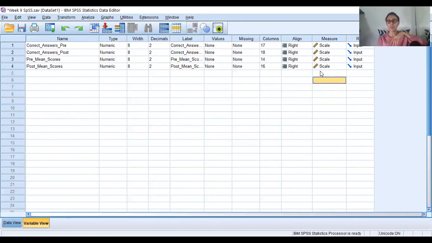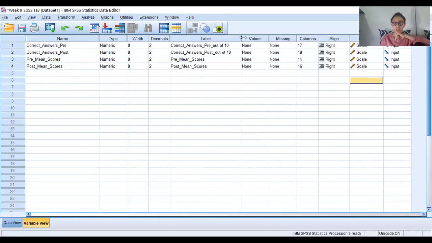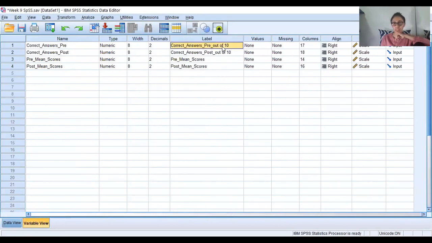Everything is a continuous variable, and that's why I have it as scale, and all my data is numeric. And this is how I have labeled my columns. You can have the same thing over here. See, I write 'out of 10', just more information, because it's easier for me.